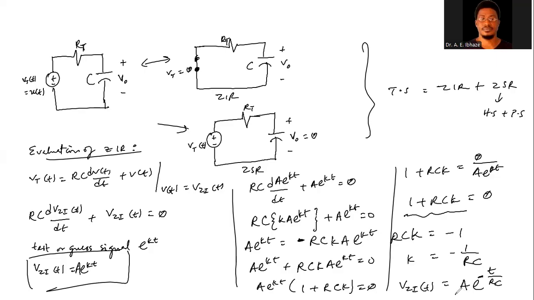Now, the next point to look up is A. What is A? Now that we have VZI(t) equal to A e^(-t/RC), to evaluate A we need to apply the initial conditions.